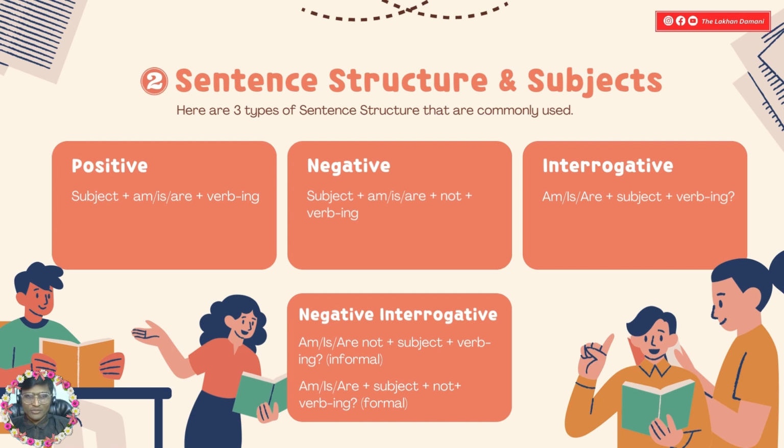Next, we are going to study the second point, sentence structure and subjects. So there are 3 types of common sentence structure, 1, 2, 3, and this fourth is not really common, but we are going to understand it. Positive, you can have subject, SMR, verb ing, and then you have to put the object in the end.